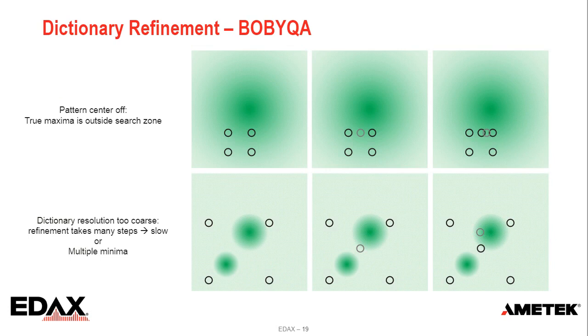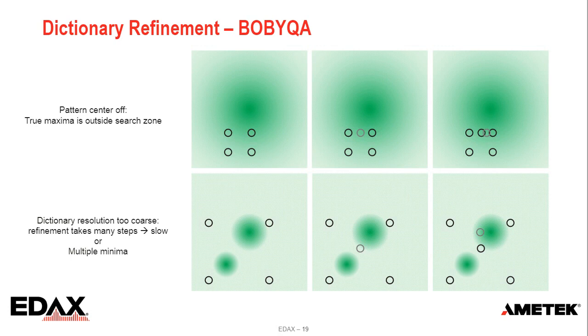So the places that this can run into challenges is if you don't have a good pattern center fit on your initial dictionary. Because small pattern center shifts and small orientation changes have very similar effects on what the pattern looks like, if your pattern center is off, then your true best fit is going to be outside of your search box.